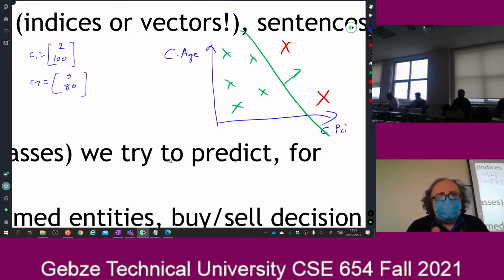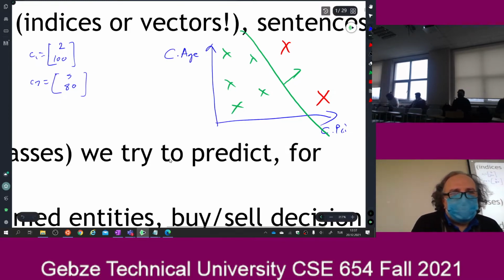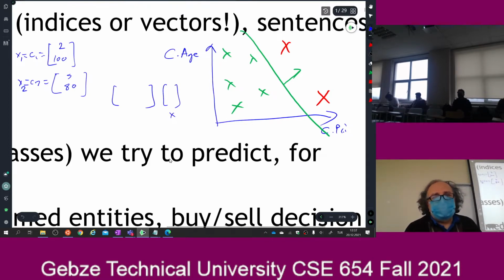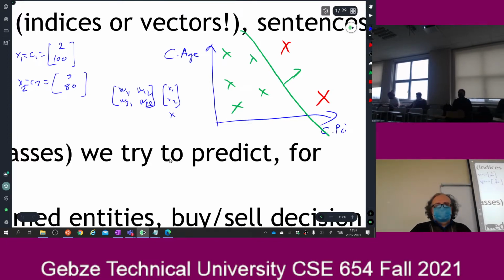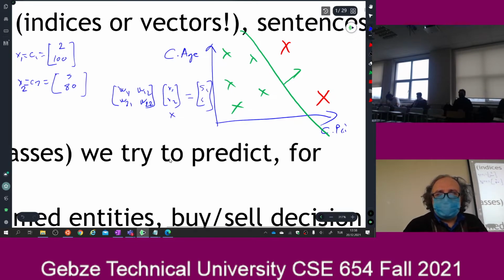I can call them x1 and x2, and I will multiply them with a weight matrix. So this is x, x1, x2, and this is w11, w12, w21, and w22. If I multiply this, I will get score 1, score 2.